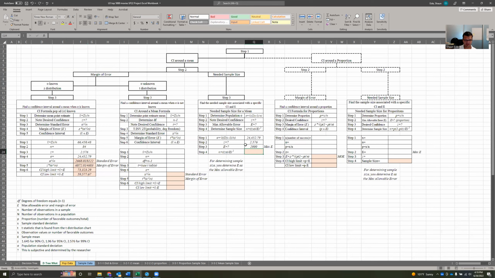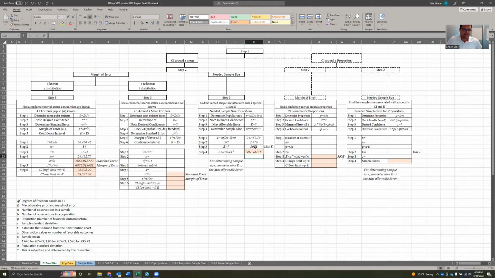And then the needed sample size is going to be equals the z-score multiplied by the standard deviation divided by the maximum allowable error, and then don't forget to square it. And so the needed sample size would essentially be 992, because you always have to round up.